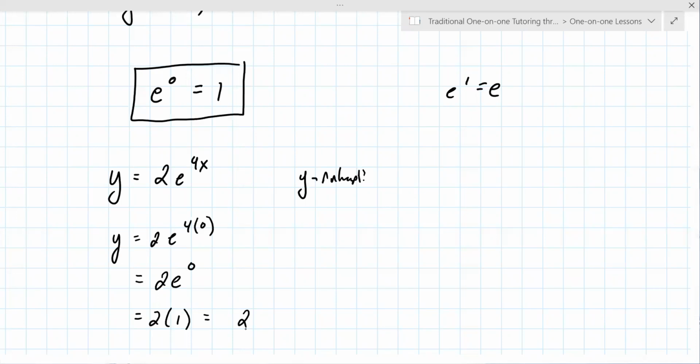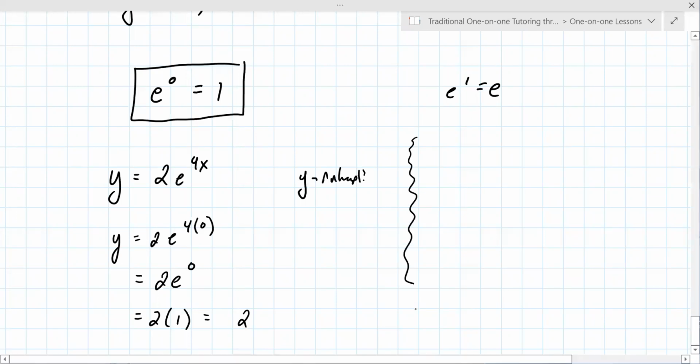So the only problem that could be more challenging here is, let's give you another one. Let's say it's 3e to the minus 2x. Could you find the y-intercept for this one, please?